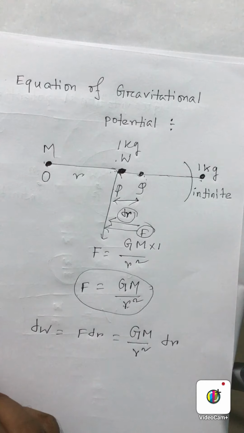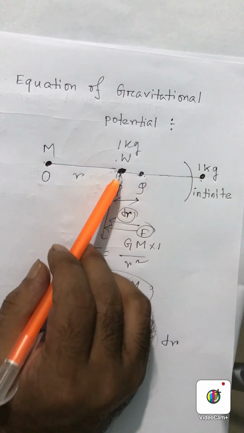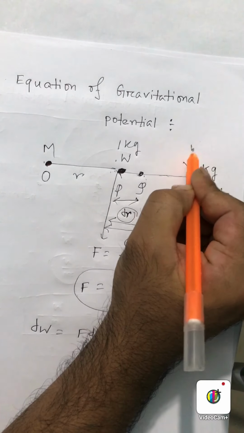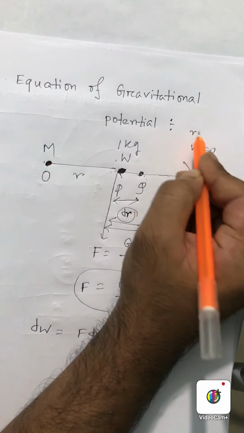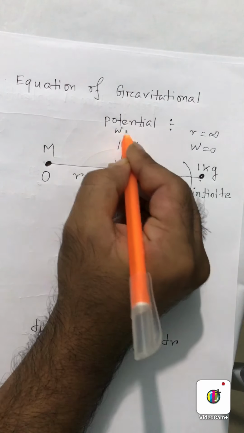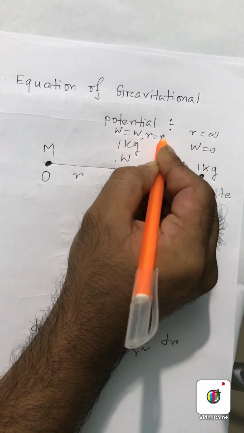Now we calculate the total work done from infinite distance to point P. At infinite distance the work done is 0 and r equals infinity. At point P the work done is W and the distance is r.